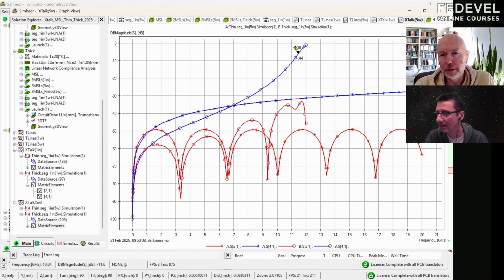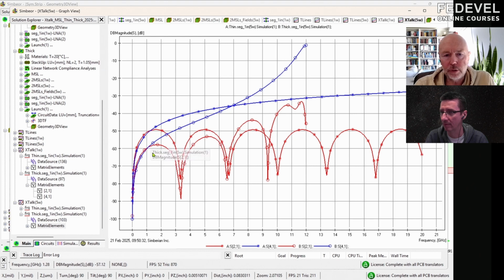This is because of the wider spread fields, and you can see that near-end crosstalk is actually smaller, this line with circles, and then it becomes larger at high frequency.